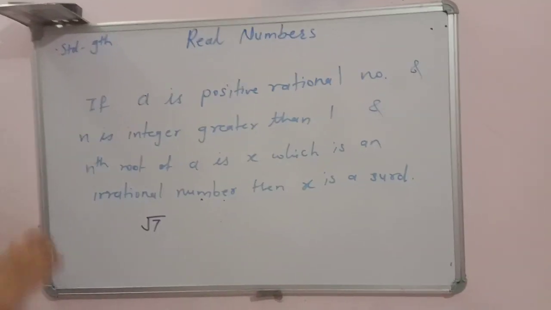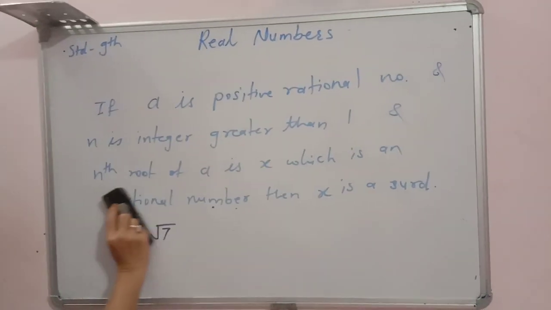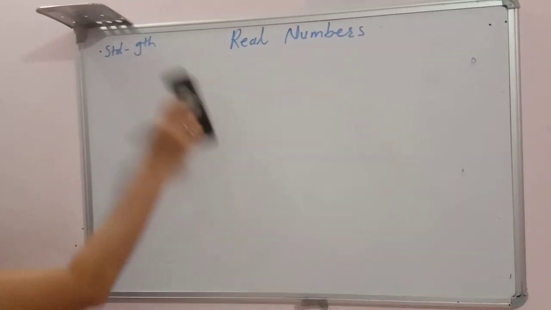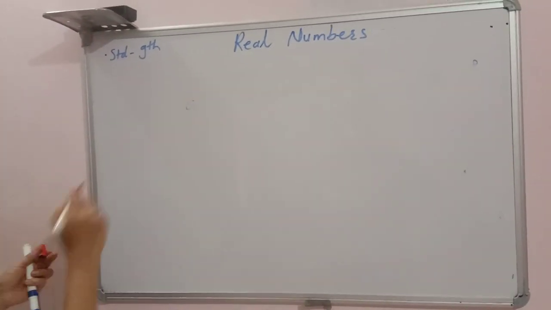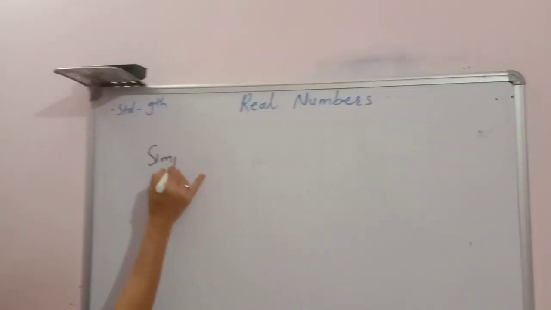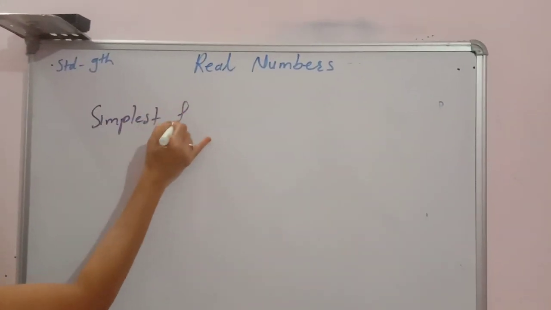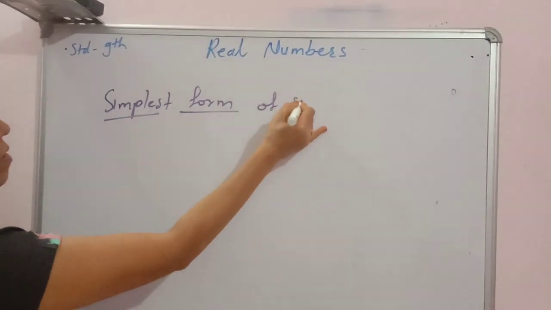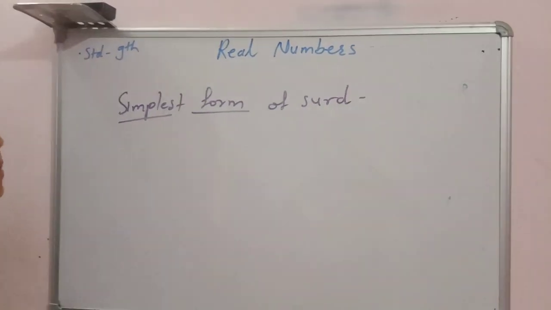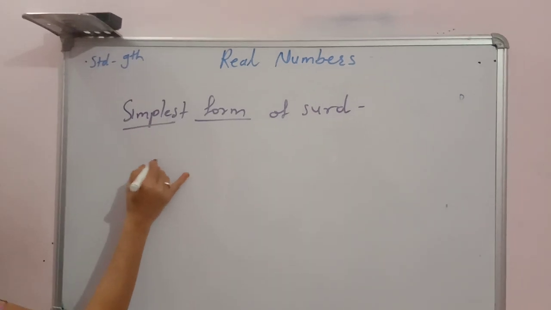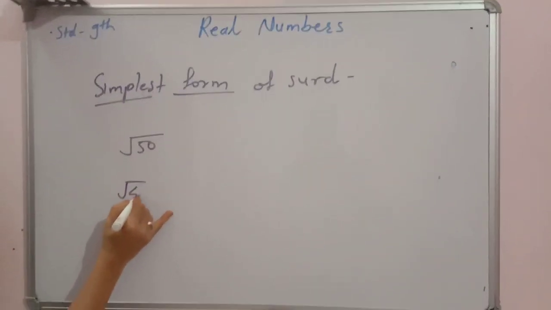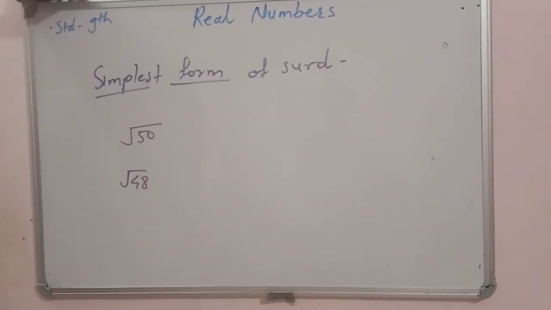Now the next topic is the simplest form of surd. See, suppose we take root 48 or root 50. These are surds.